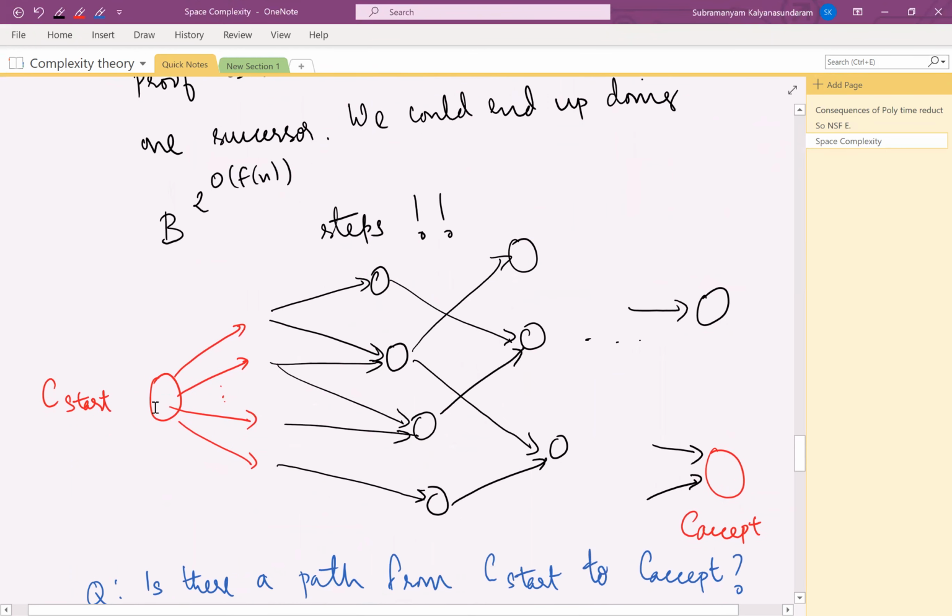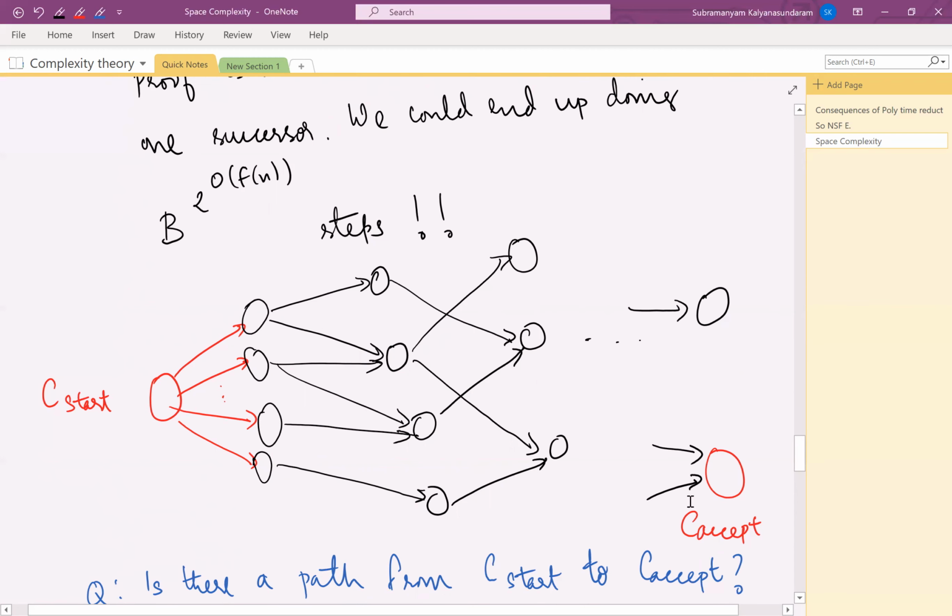This is the starting configuration, and these are the successor configurations. Now we are at a non-deterministic Turing machine, so we will have multiple successors possibly. And for each such configuration, I will have multiple further successors, and so on.